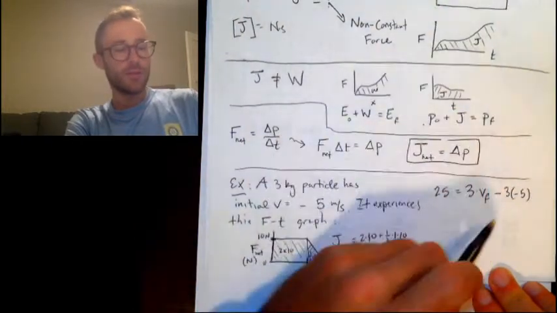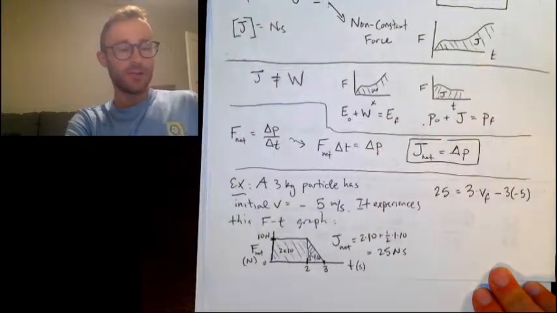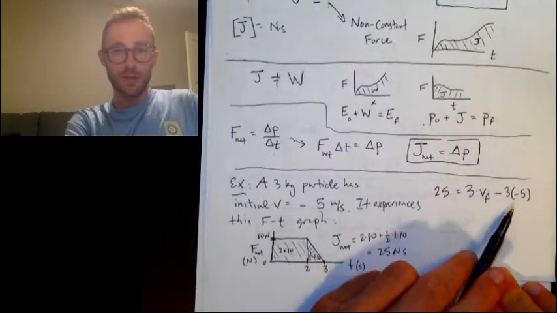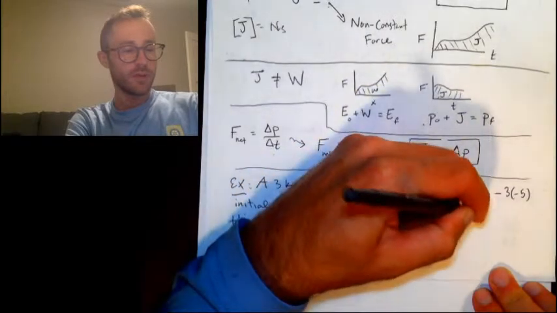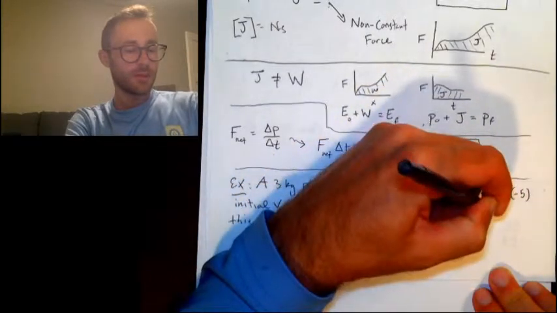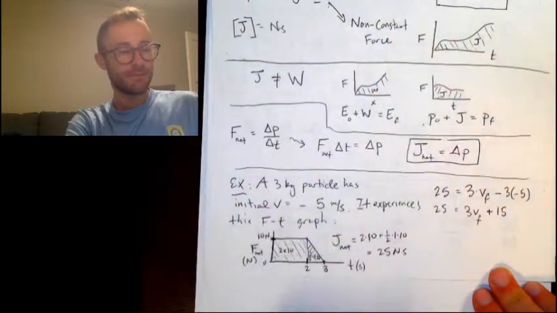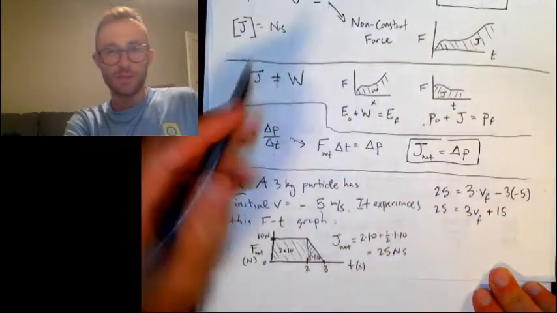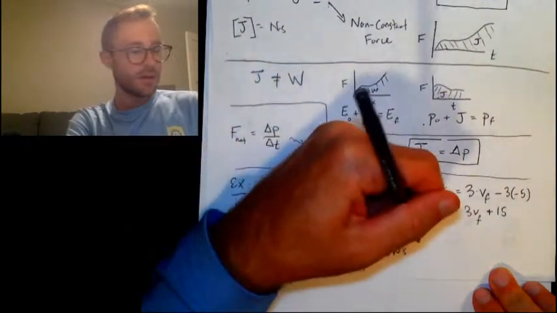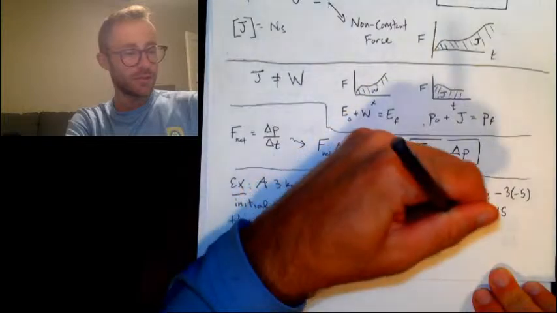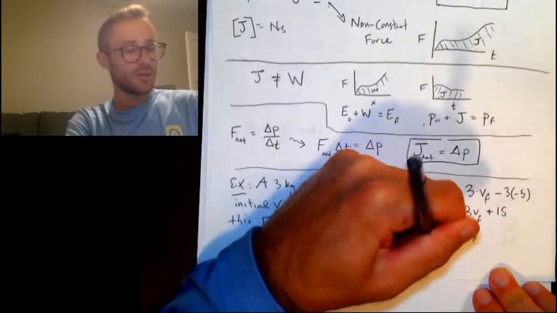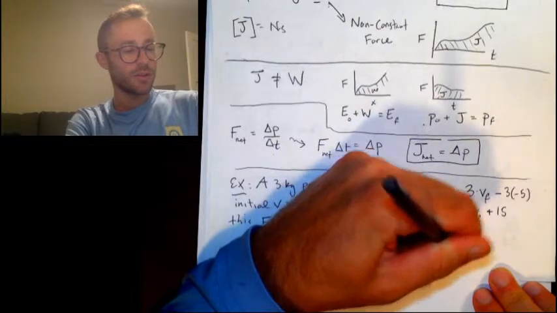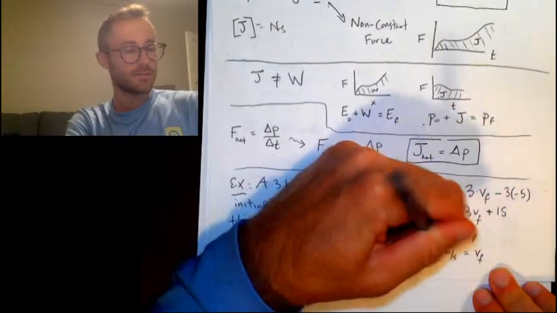Keep in mind that we have a double negative here, so that becomes a positive. So we have 25 equals 3 v final plus 15. I subtract the 15 over to the other side, so we have 10 equals 3 v final. Divide both sides by 3. We get 3.3 meters per second equals v final.